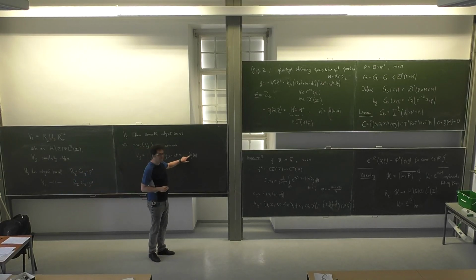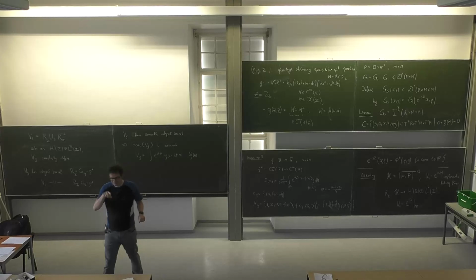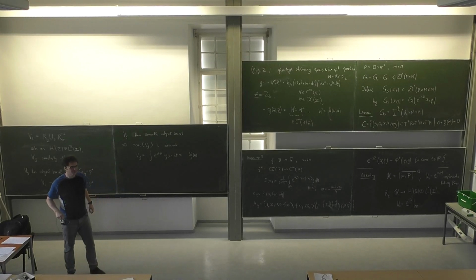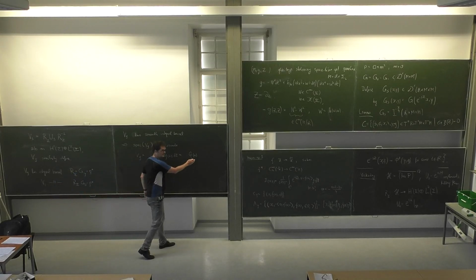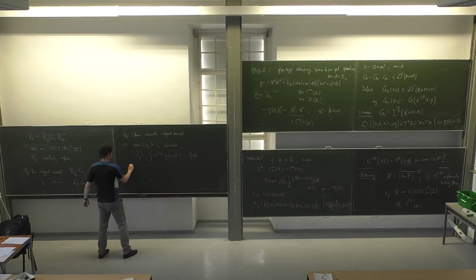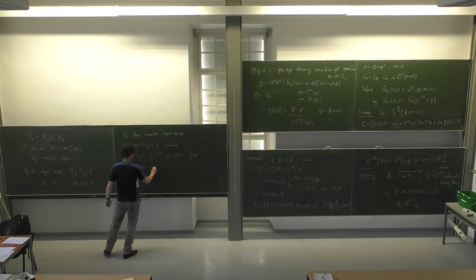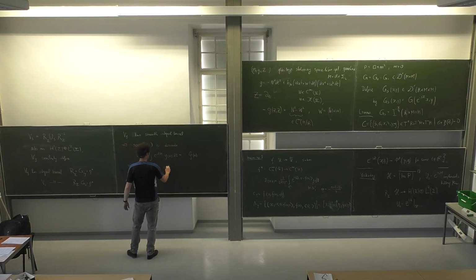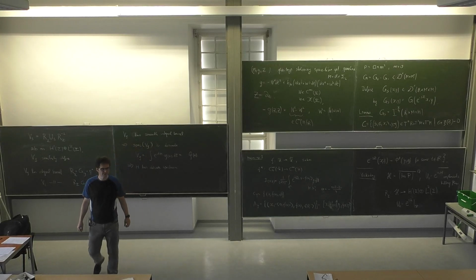So now for any compactly supported function, this is going to be a Schwartz function, which is analytic, but you have plenty of those, and you know that the spectrum is real, so you can make sure that your function picks up only certain parts of the spectrum. So my claim is that this is enough to show that H has discrete spectrum. That's a bit quick, but you can see how this argument works.